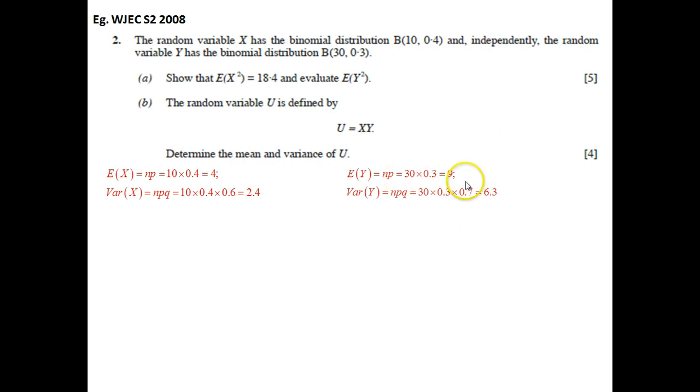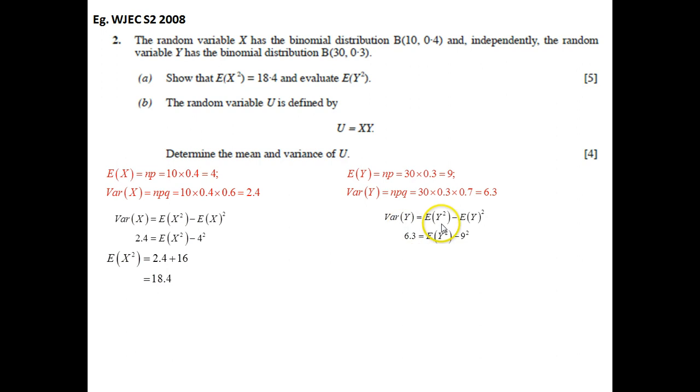So np for the mean of y, and npq for the variance of y. Show that E of x squared is equal to 18.4. So we get E of x squared by rewriting the variance as E of x squared minus E of x all squared, putting in what I know, I can work out that E of x squared is 18.4.